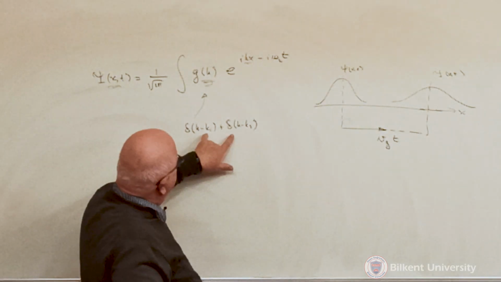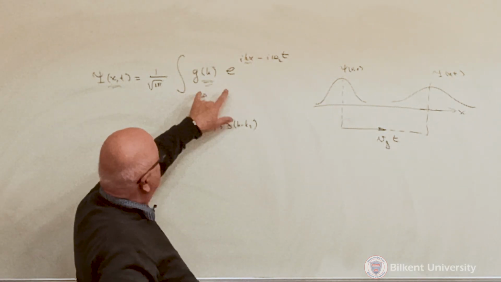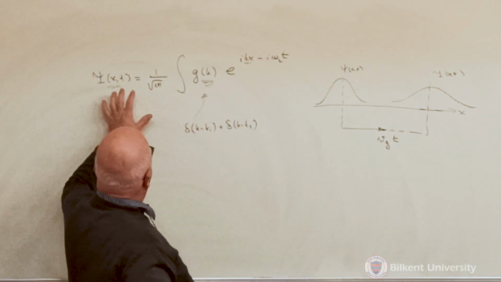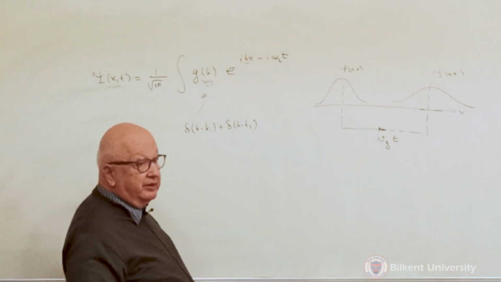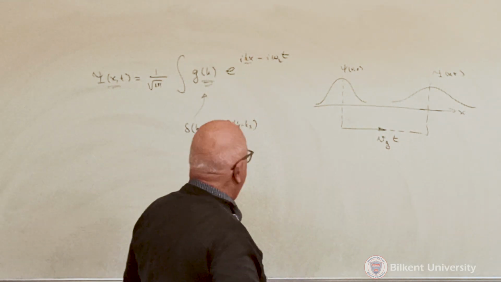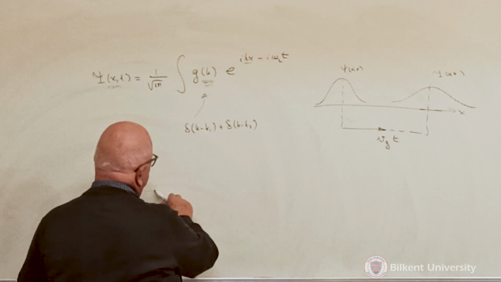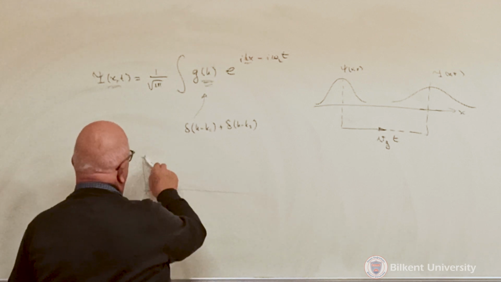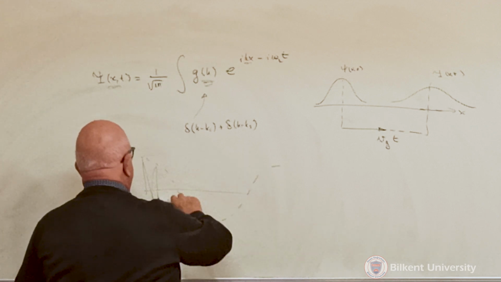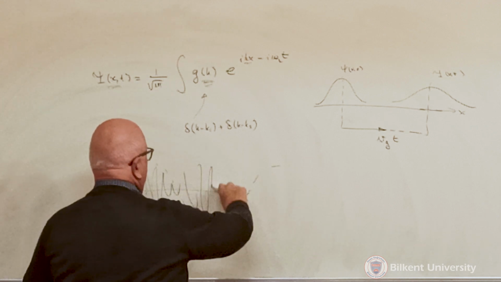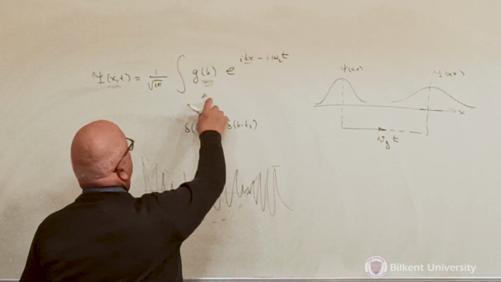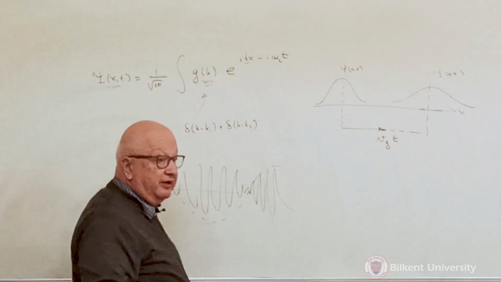So if I have only these two wavelengths, what does that correspond to as psi of x and t? According to that algebra I went through, it corresponds to an envelope which is limiting the oscillations of these waves with wavelength k.